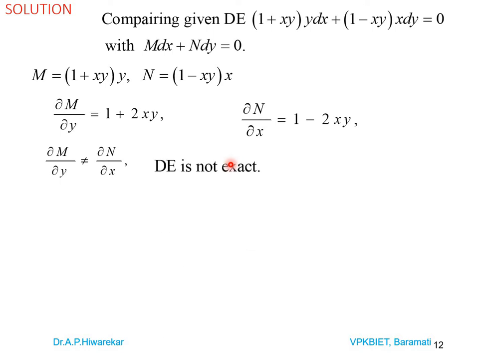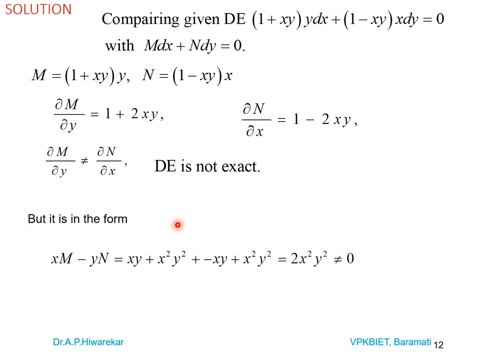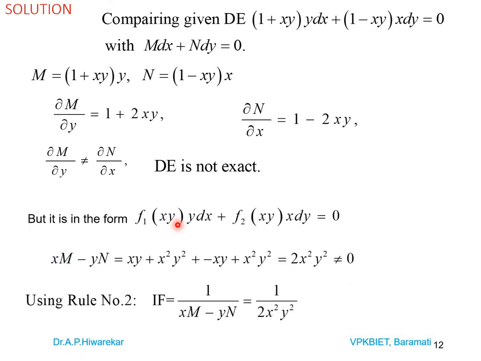So, to find the integrating factor, we will see that the given differential equation is in the standard form, that is, f1(xy)y dx + f2(xy)x dy = 0. Yes, so it is in the standard form. So, we find xM − yN.